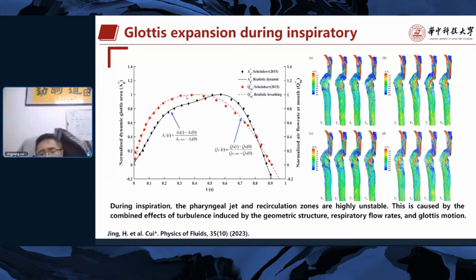We do the research using the inspiration flow rate first, and then we do the second part for the aspiration phase. And of course, like other people, we always find that the glottis motion impacts the flow.